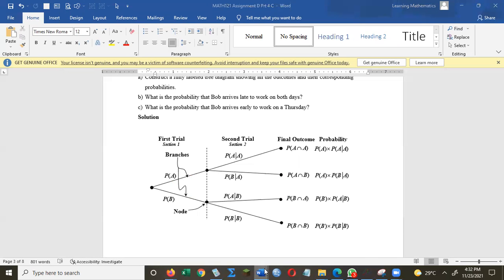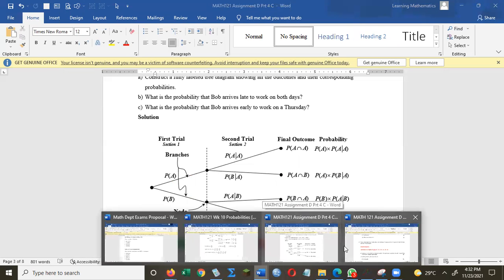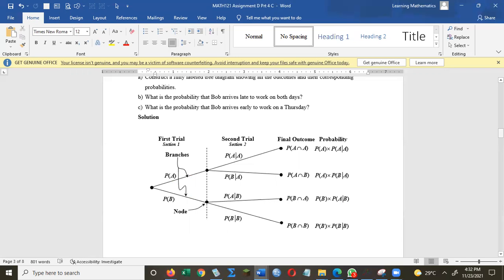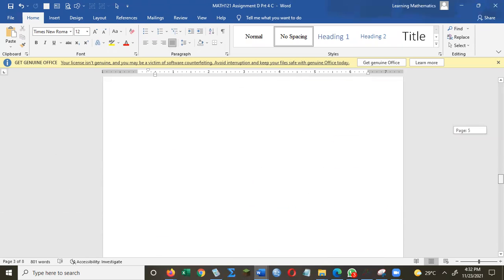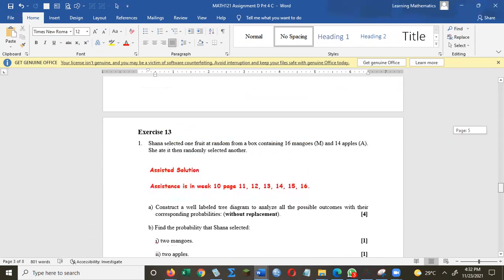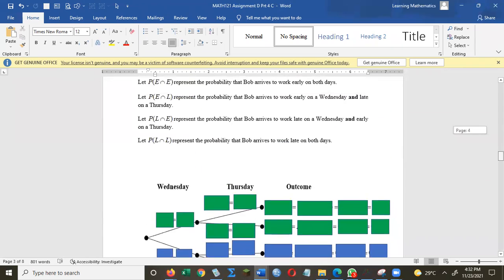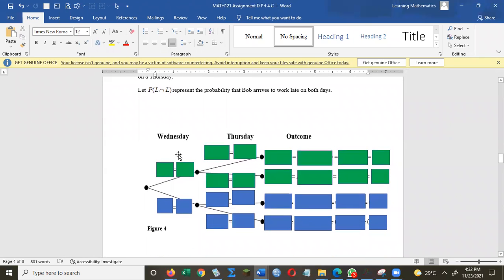And if you look at the example, you will see that there are two sentences. If you compare it to number 12, the two sections are Wednesday and Thursday. That will be time, when the event is happening.